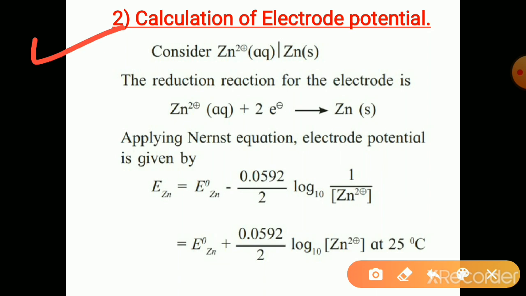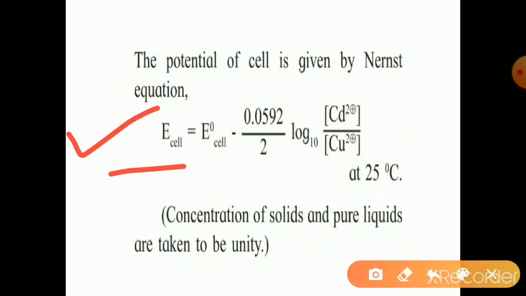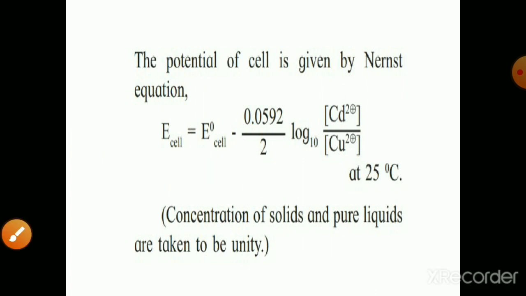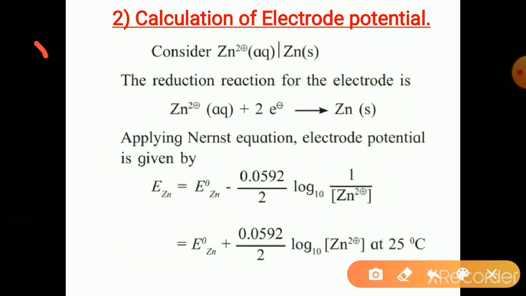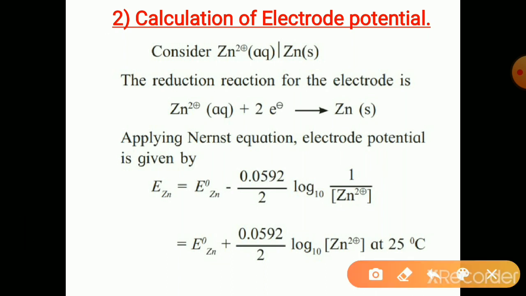In this way we can calculate the cell potential. Now, calculation of electrode potential. How do we calculate it? By using the Nernst equation. A single electrode potential can be determined using the Nernst equation. This is the representation for a single electrode.